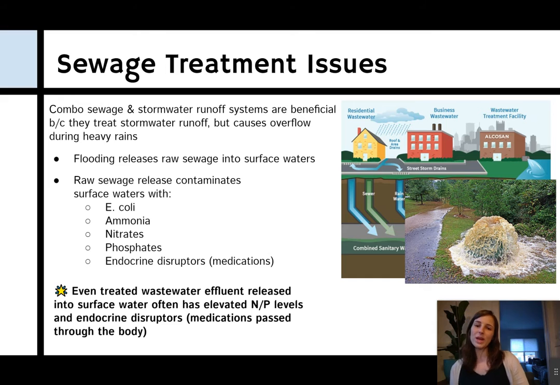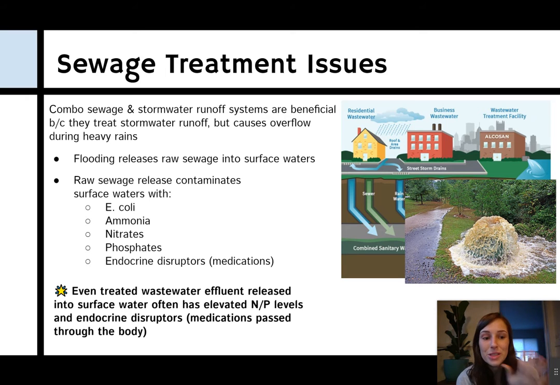However, when you get heavy rains, this causes overflow, which you can see a picture of here, which is like yuck water. What ends up happening with this, and this did actually happen in Seattle a few years ago, the flooding releases raw sewage into surface waters because it overflows and the system gets overloaded.